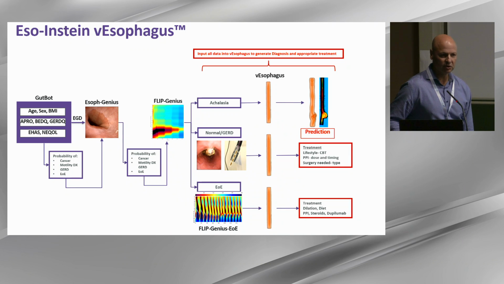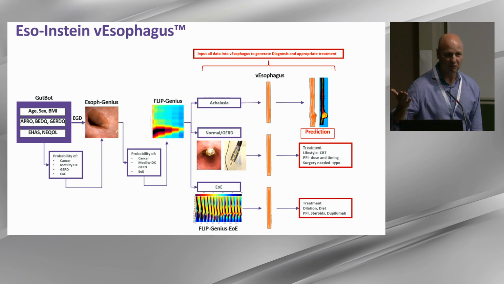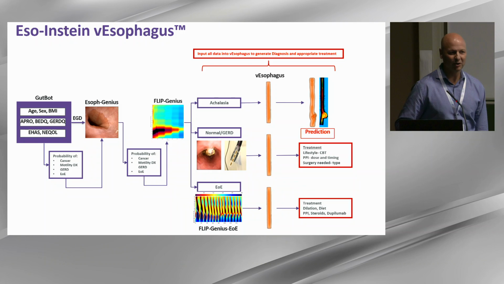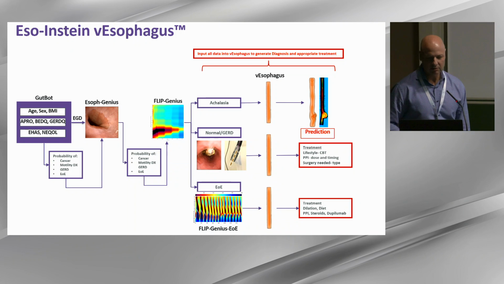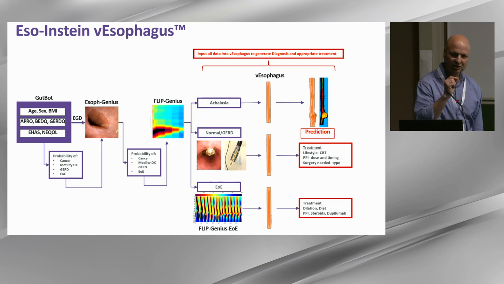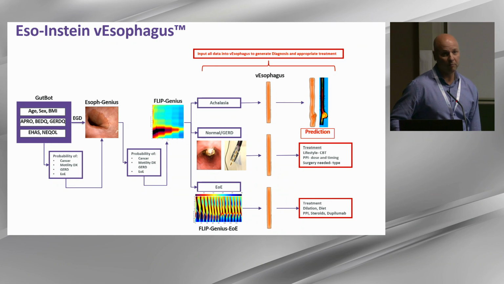That could be fed into another AI platform that you garner from FLIP, which will tell you then what the next step is. And then depending on what you're working up or the pretest probability of reflux, you can go right to mucosal integrity or wireless capsule, and then feed that into an in silico virtual esophagus model that will then tell you exactly what operation or medication that particular patient needs.